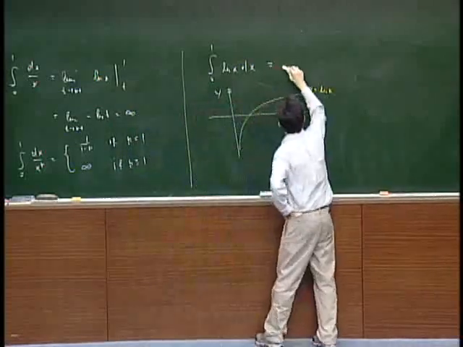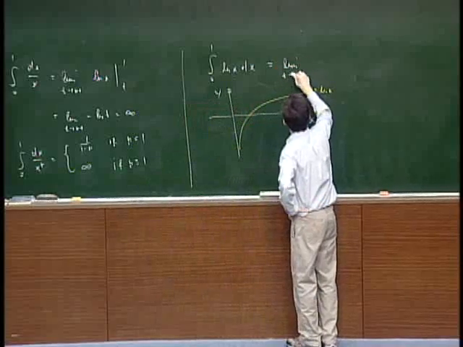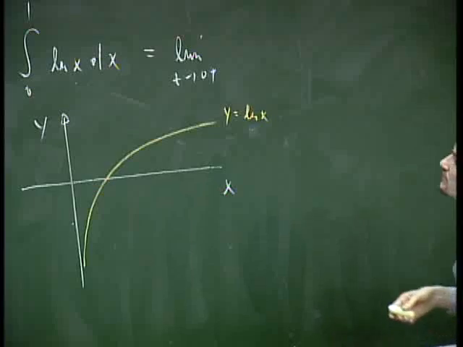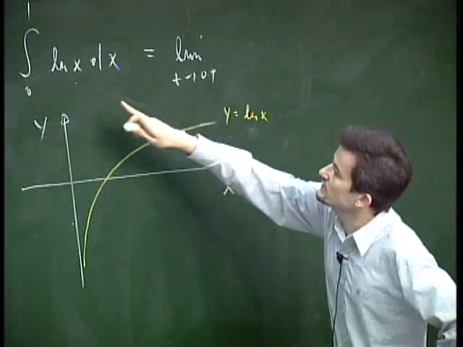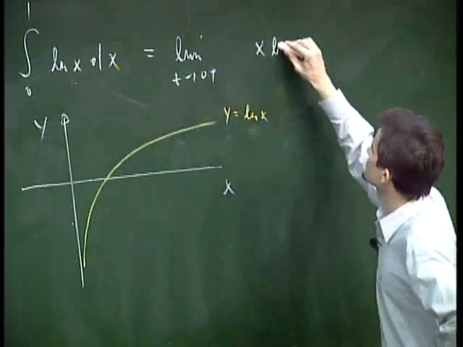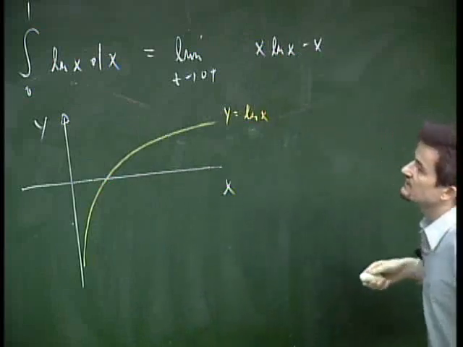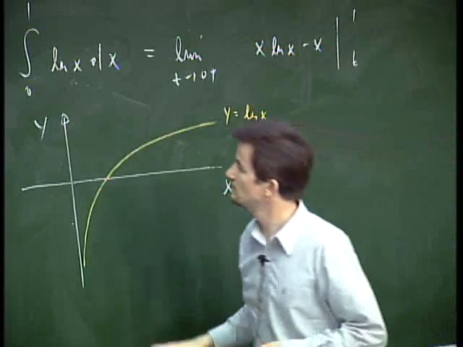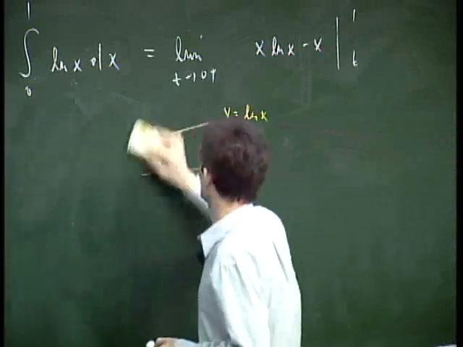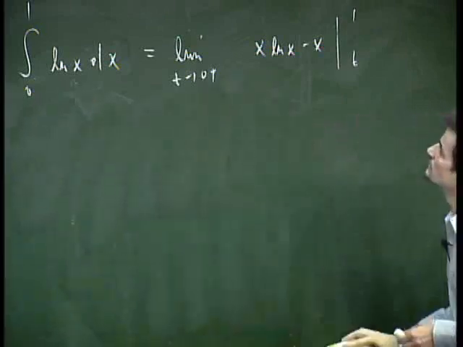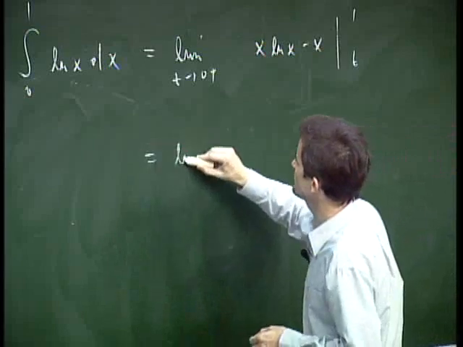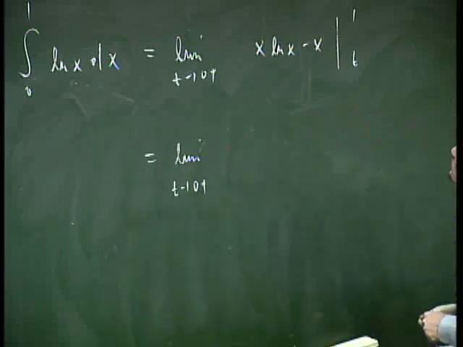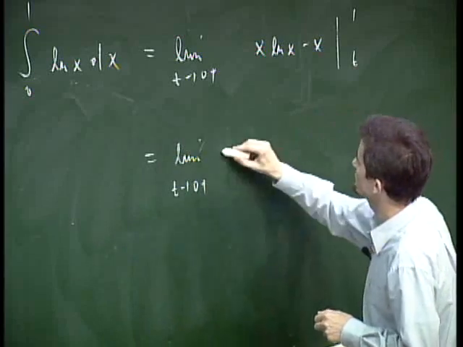We can check this by looking at the definition, again the limit as t tends to 0 from the right. We have to integrate this function, which is x ln x minus x, evaluated at t and 1. So which is equal to the limit as t tends to 0 from the right. For the upper limit, we have minus 1.